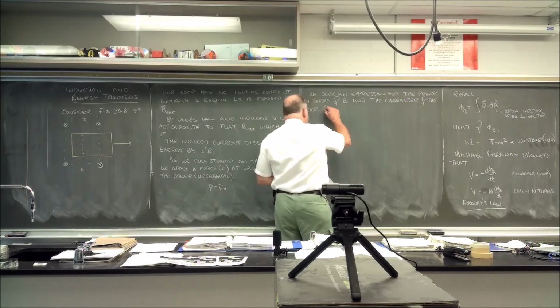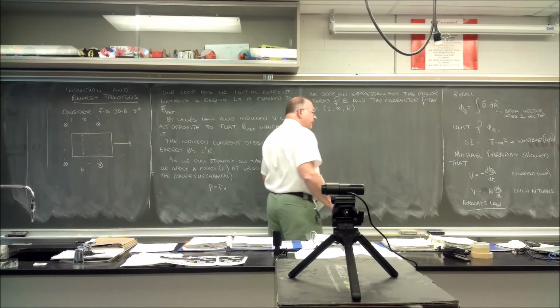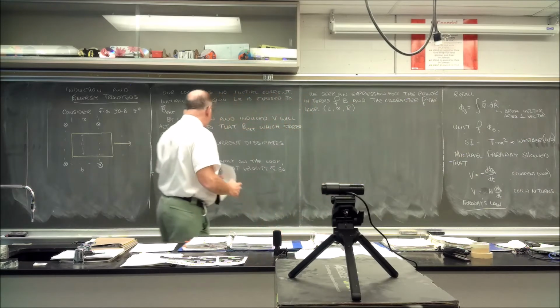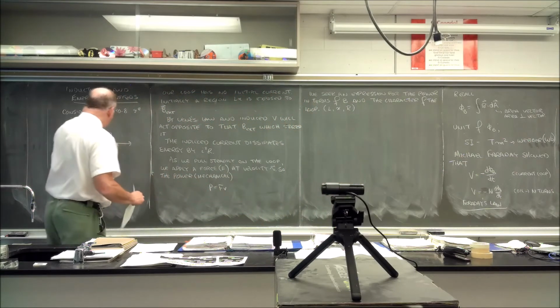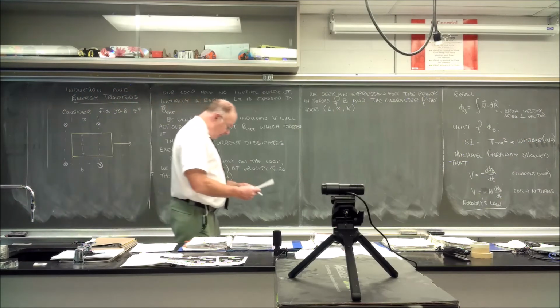And so this would be L and X and R and whatever we can figure out in there. But these are things that we know. And remember, there's no current flowing in the loop except what is induced. We don't have any battery or anything going on there.